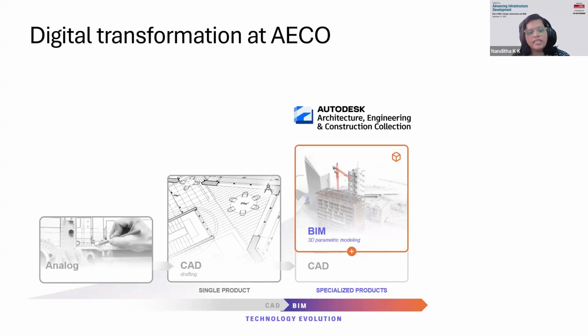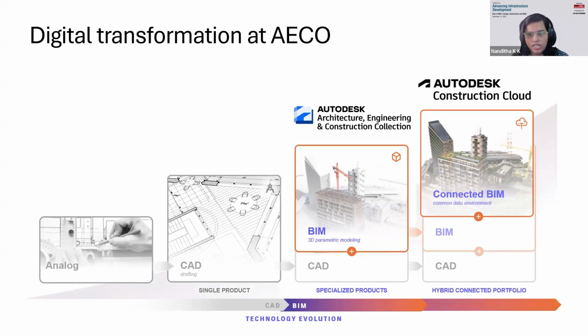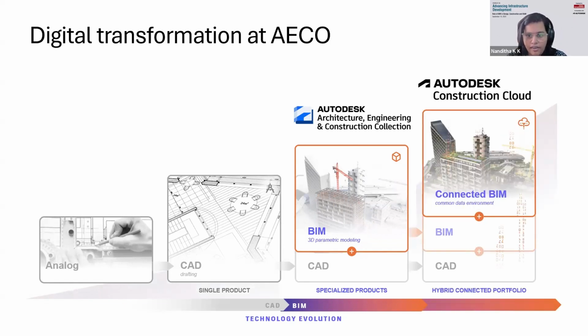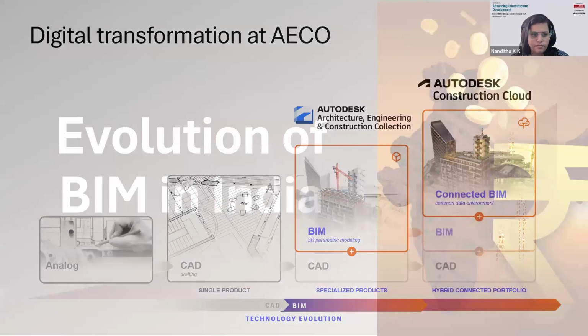And currently, in the past 6 to 7 years, we have brought in innovations in our connected project data environment, which we call the cloud. We all know the benefit of this, as we have gone through a pandemic and understand how efficient it is to sit in different places, come together, work together, and deliver complex projects like infrastructure.